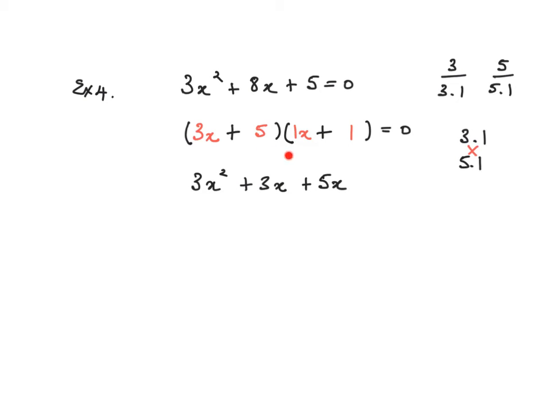And last term, 5 times 1 is 5. Now, it's the middle term that interests us. 3x plus 5x is 8x. So it would appear then, this is the correct factorising. Now, the next step is where we set each of the factors equal to 0.